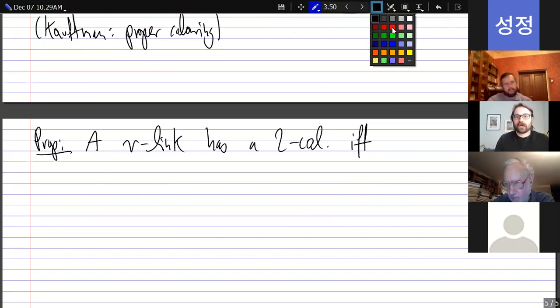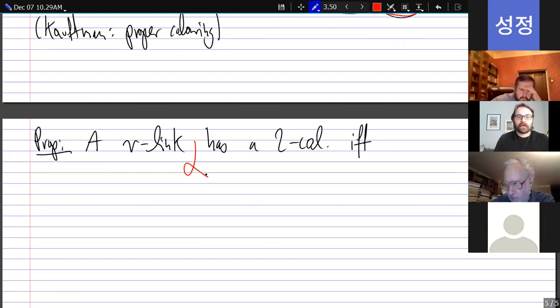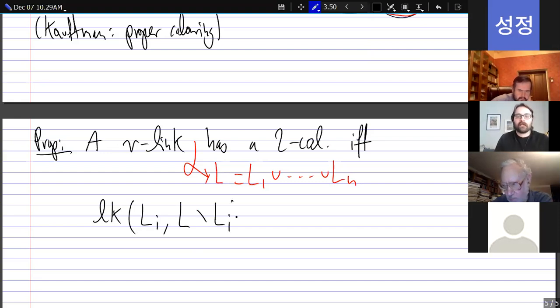I should have given my link a name, sorry. I'll call my link L, and it has components L1 up to Ln. It has a two coloring if and only if the linking number between Li and the rest of the diagram is even for all i.